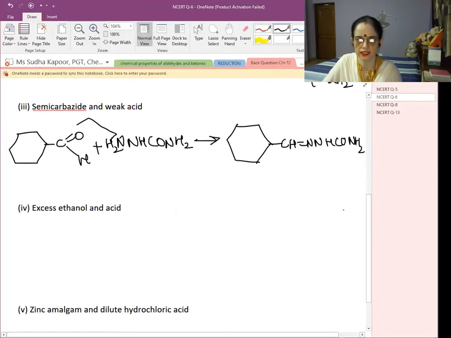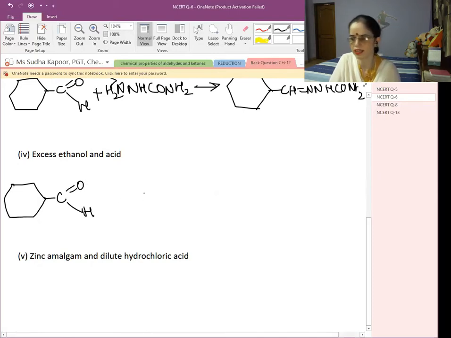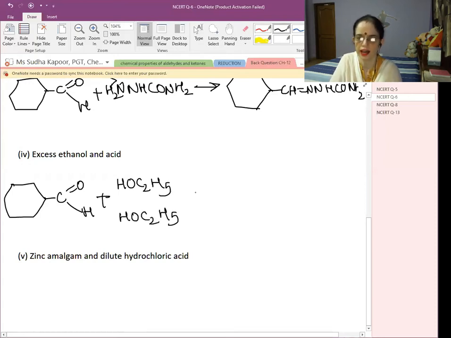Now in the other case, the cyclohexane carbaldehyde is treated with excess of ethanol and acid. This is cyclohexane carbaldehyde and treating it with excess of ethanol. So in the one step, we can also write it as HOC2H5. Excess of ethanol is taken in presence of dry HCl gas.